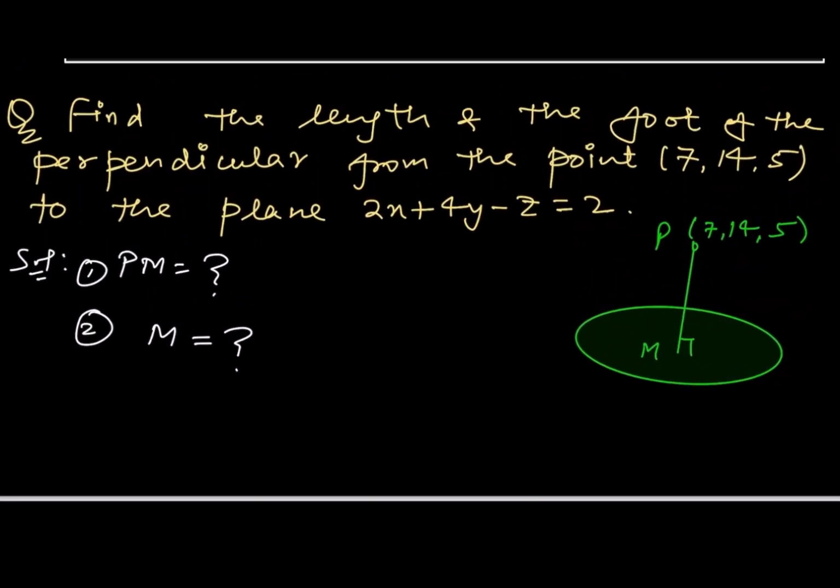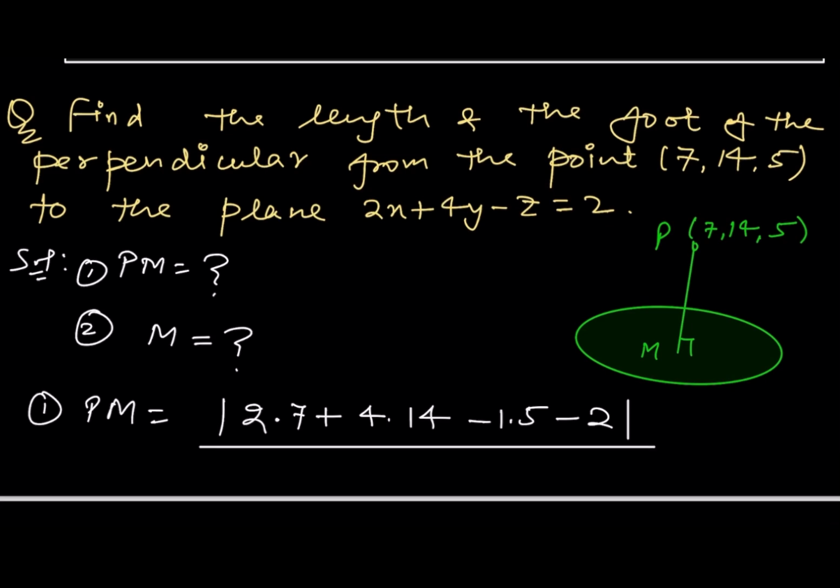Now, first, PM is mod of (A x1 plus B y1 plus C z1 plus D) upon root over (A square plus B square plus C square), and C in this case is minus 1. So minus 1 into 5 plus D, which is minus 2, upon root over A square plus B square plus C square.